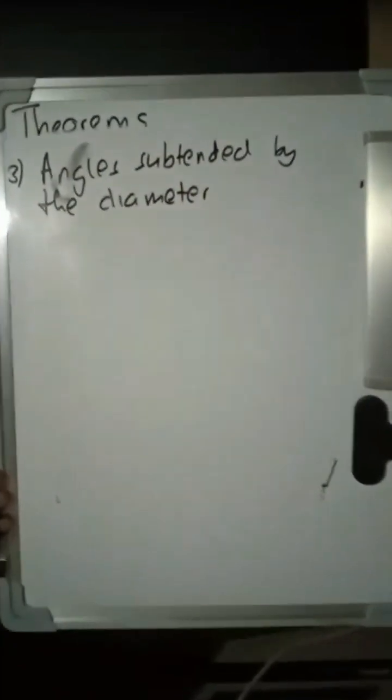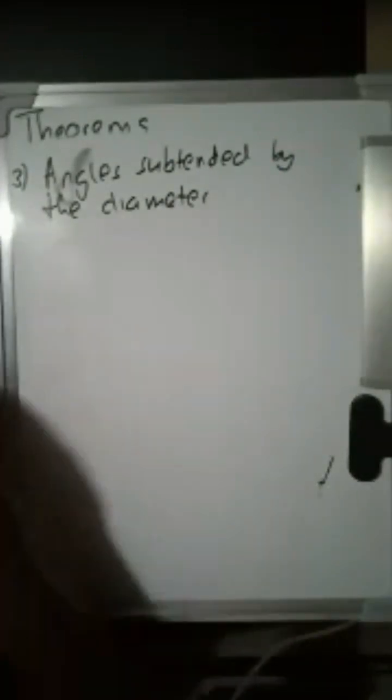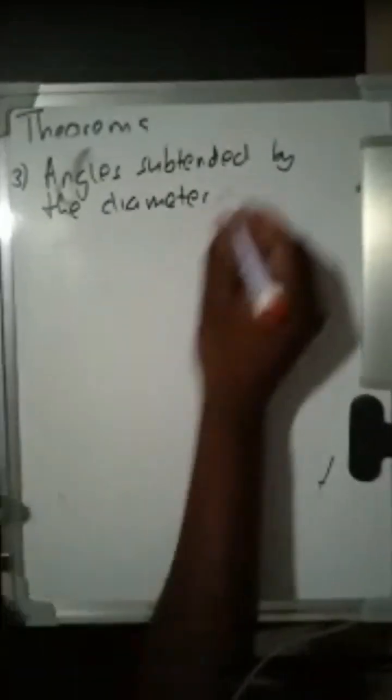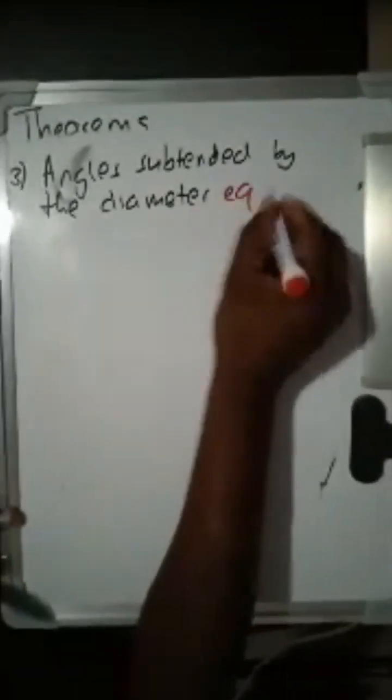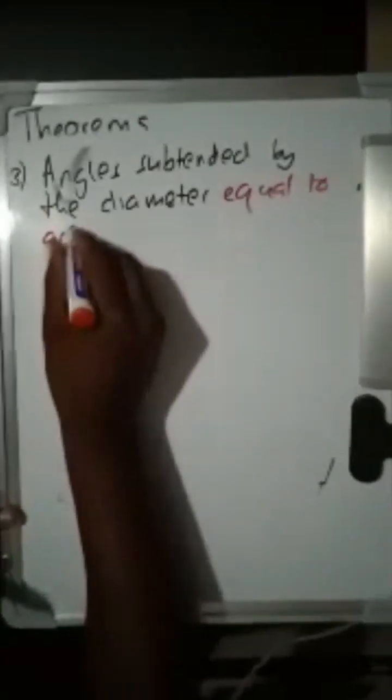They are also called angles in the semi segment. Semi means a half segment, the other half of the circle. So what happens to the angles subtended by the diameter? They are equal to 90 degrees.